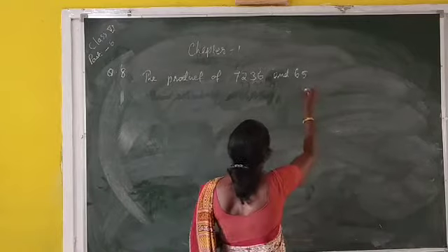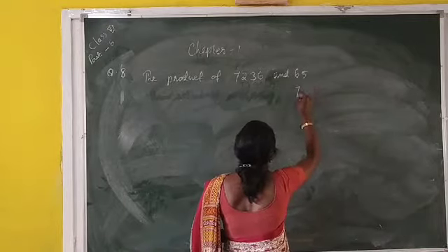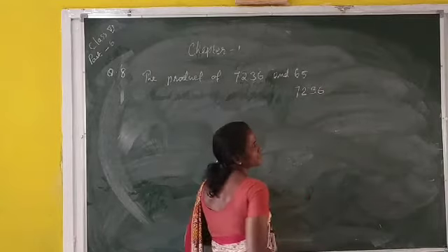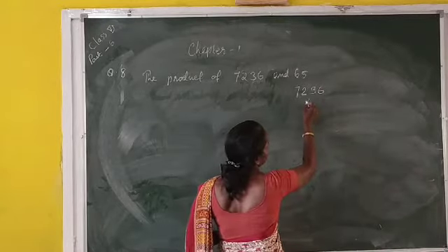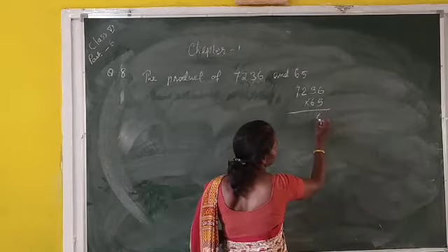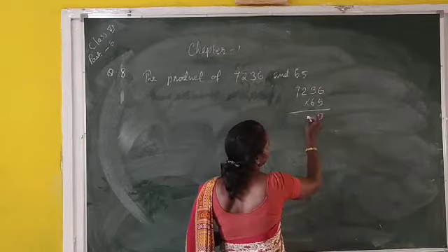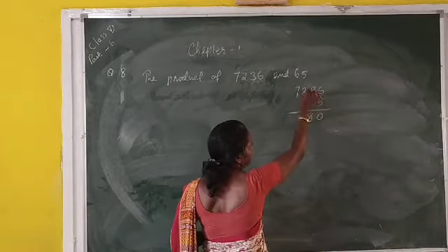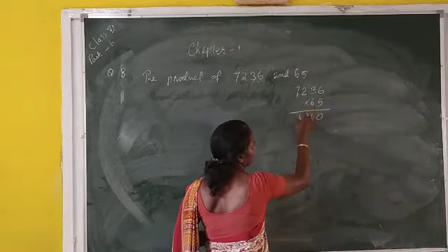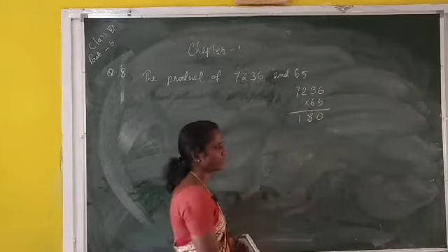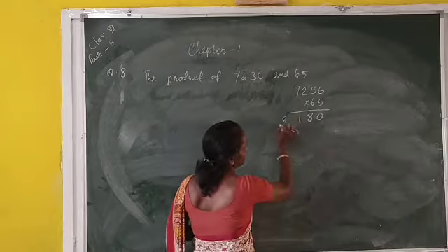So we multiply 7236 multiply 65. Multiply 0, 15 plus 3, 18, carry 1, 5 2s are 10, 10 plus 1, 11 and carry 1, 5 7s are 35, 35 plus 1, 36.